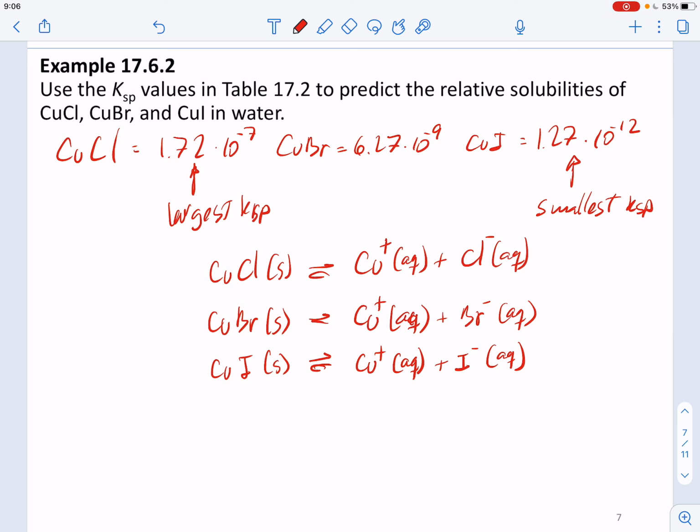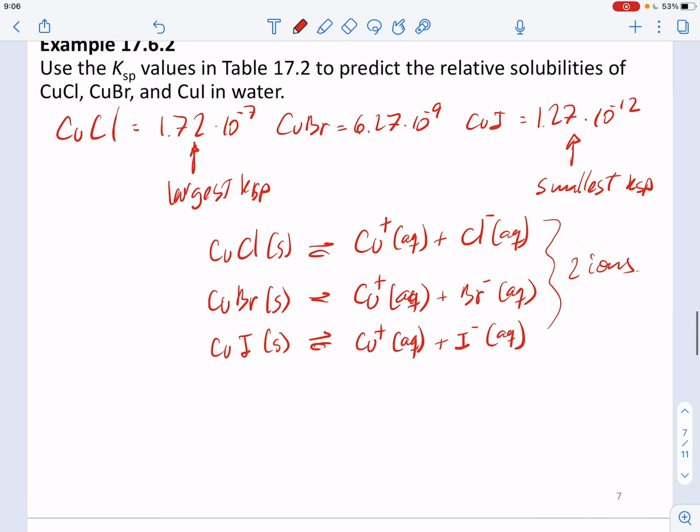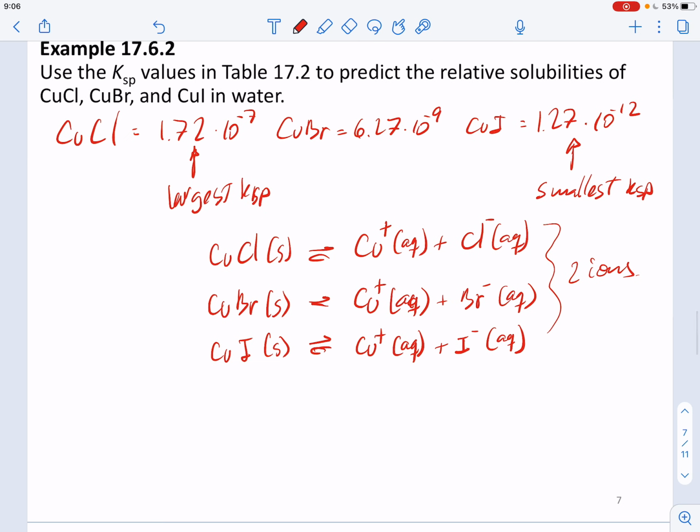Okay, in each of these cases you produce 2 ions, so we can compare the Ksps directly. So if we look at the Ksps and we have that copper chloride has the largest, then copper chloride will have the largest solubility, followed by copper bromide, and then copper iodide.